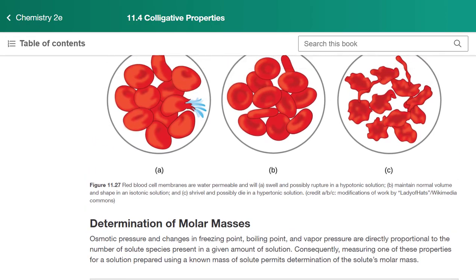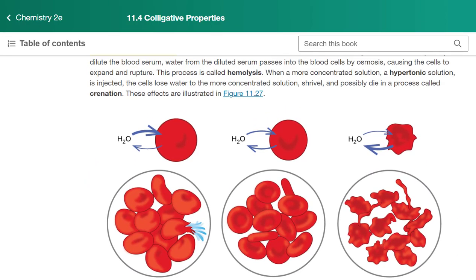Another similar application to this idea, not exactly the same, but similar, is why we don't drink seawater. What would happen if you drink seawater is that you have a higher concentration of salt in the seawater than you do in your body, and you would have a similar process of water coming out of your body into where that seawater is.